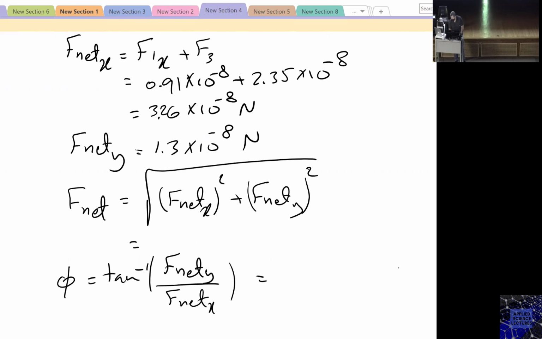So this is going to be 22 degrees above the x-axis. And Fnet is 3.5 times 10 to the power minus 8 Newton.